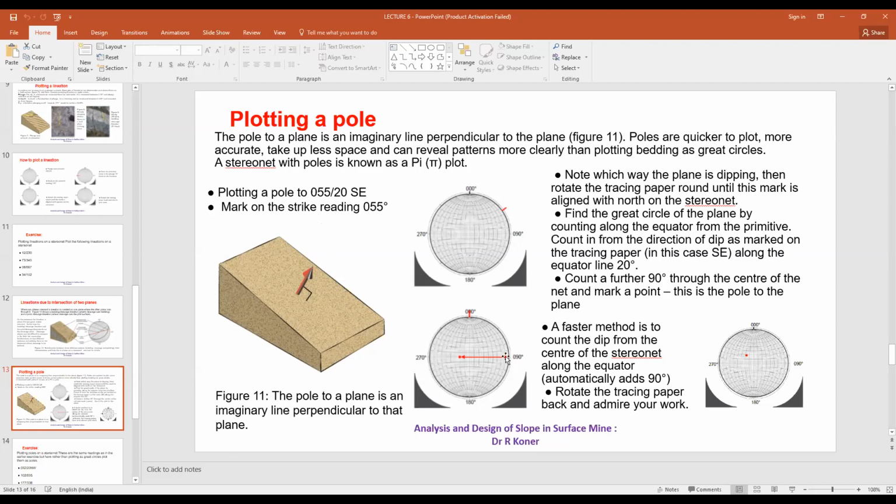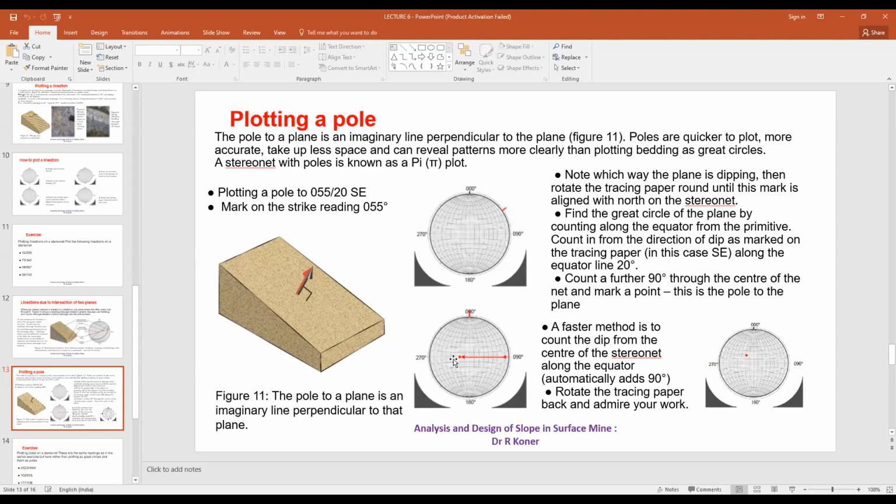Then additionally 90 degrees leftward. The orientation of the plane and the pole are mutually perpendicular to each other, so 90 degrees should be added to the angle of dip. So it is on the left side. Here is where the actual great circle would have been. So we are taking 90 degrees to the left side.